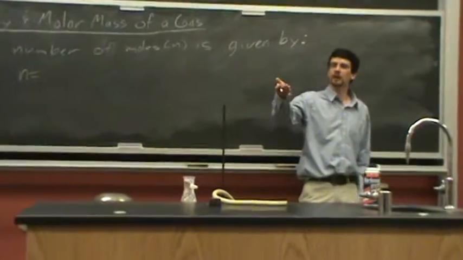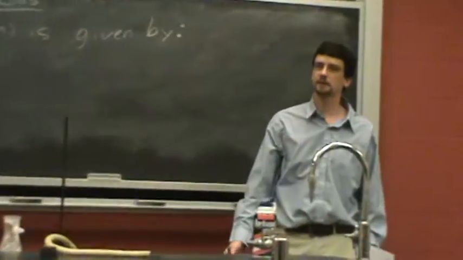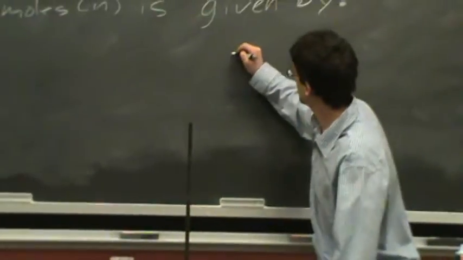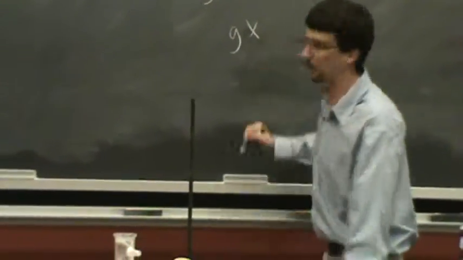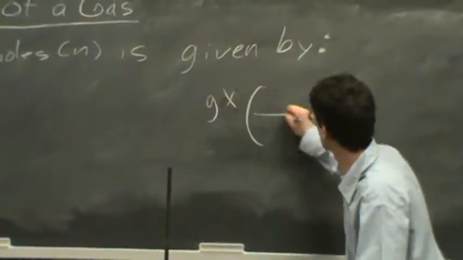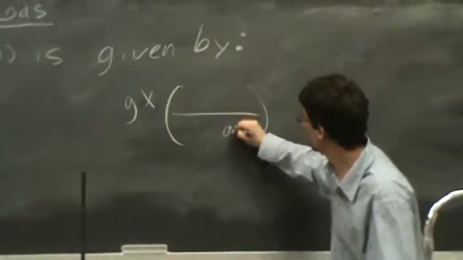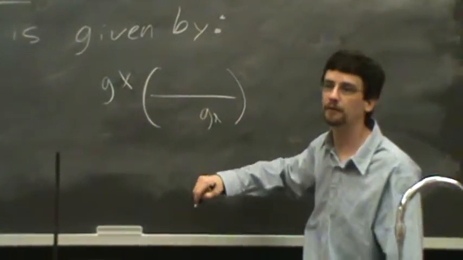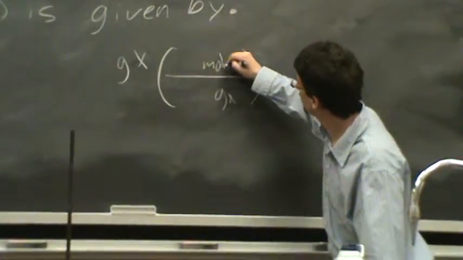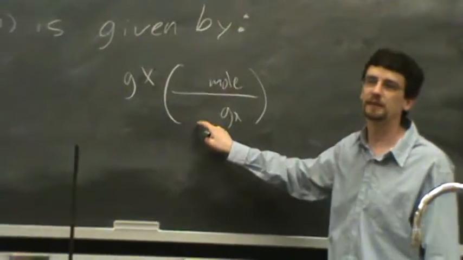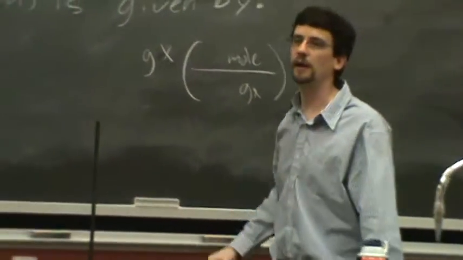Yeah, you need grams, right? And what do you do with those grams? You have grams of, let's say, chemical X. What unit would go down here? Grams of X. What unit would go up top? Moles of X. What is this? It's a molecular weight.